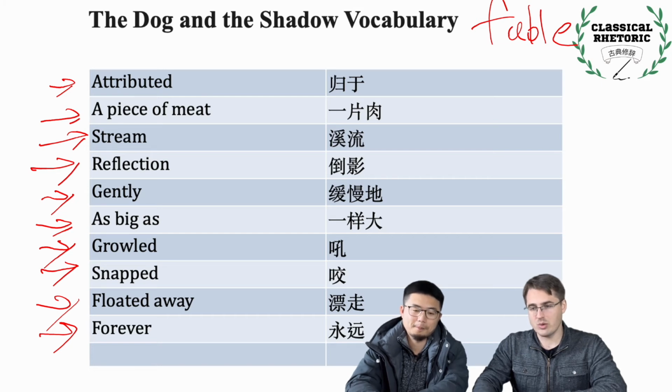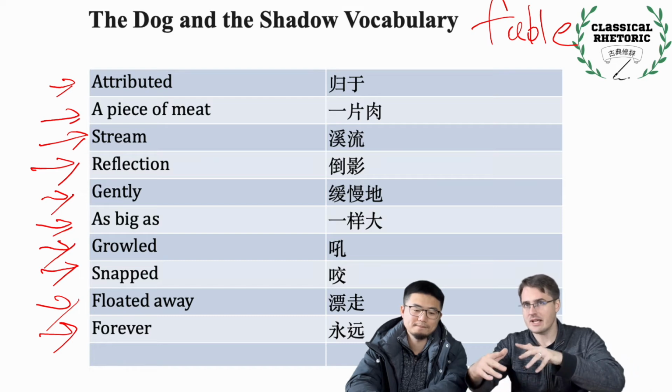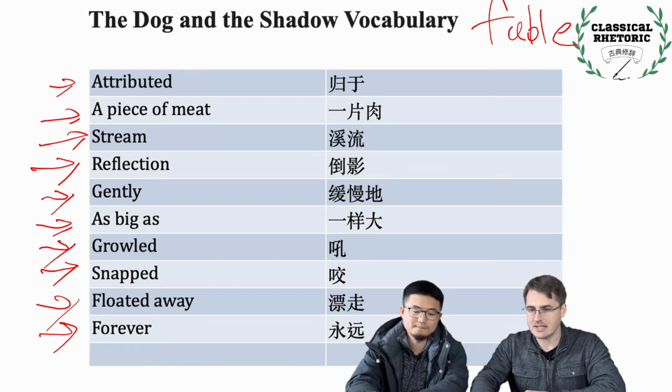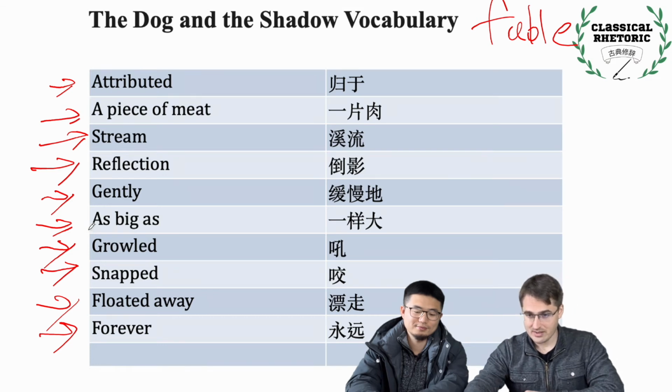What's the word for not quickly, but slowly and smoothly? Gently. What's the word for what you see in the mirror? Reflection. And what's the word for a river, a small river of water? Stream. Okay.